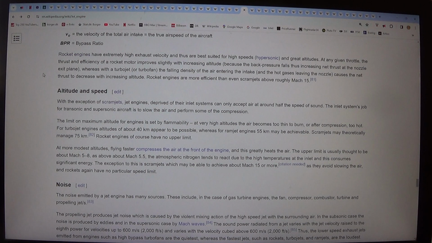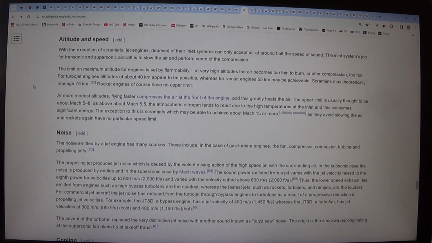Altitude and speed. With the exception of scramjets, jet engines, deprived of their inlet systems, can only accept air at around half the speed of sound. The inlet system's job for transonic and supersonic aircraft is to slow the air and perform some of the compression. The limit on maximum altitude for engines is set by flammability.